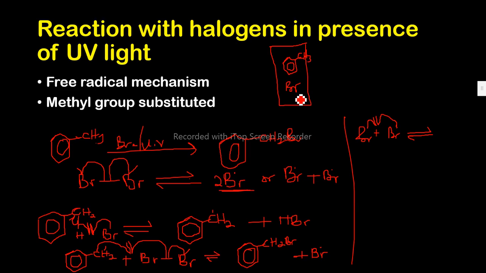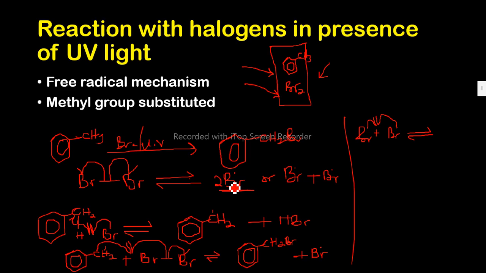When you expose this to sunlight, it doesn't mean that all bromine molecules will dissociate to give you bromide radicals. No, some molecules will undergo homolytic fission to give you the bromide radicals. Other molecules will remain in the reaction vessel as bromine molecules, as neutral molecules.